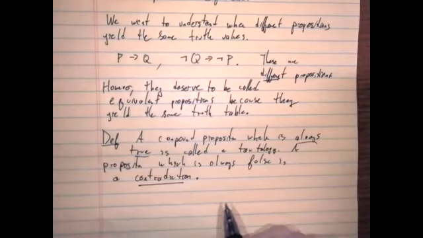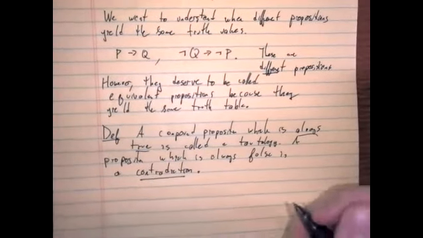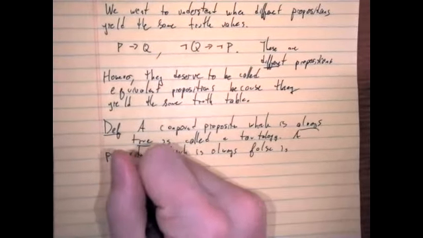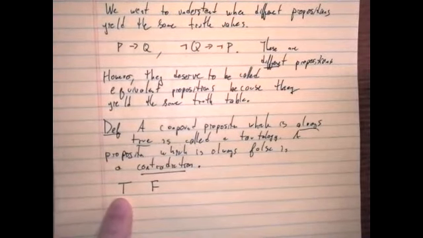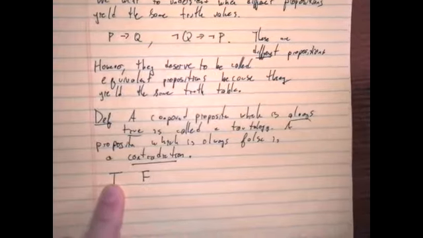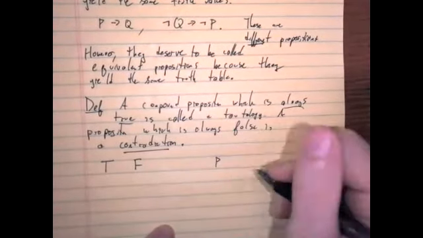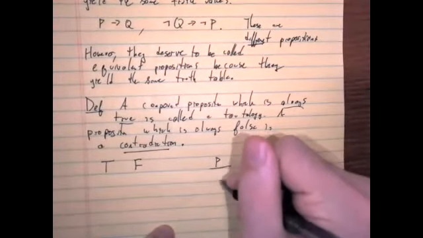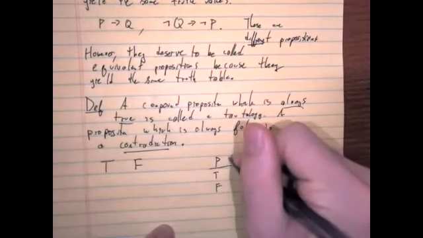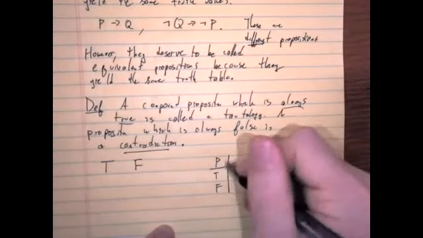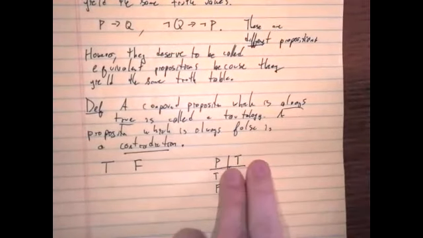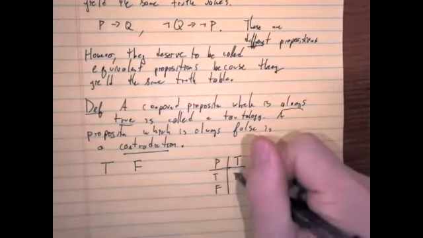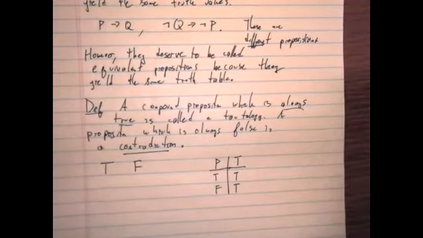So oftentimes in symbols, we will use the symbols T or F. So T would be a line in the truth table which is always true. For instance, I can make a truth table out of P. P can either be true or false. Then I can also make a truth table entry for a tautology, which will just give me true and true.